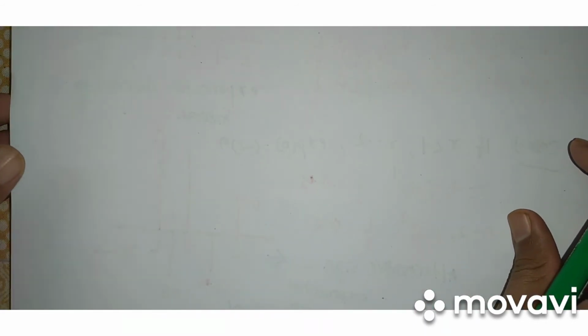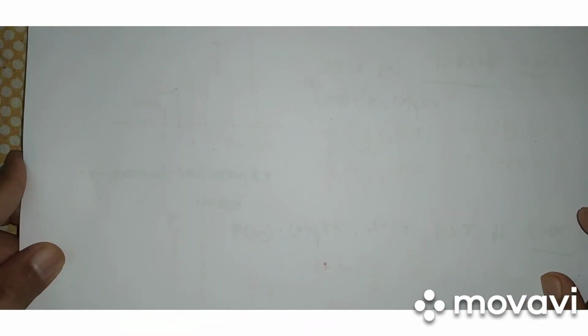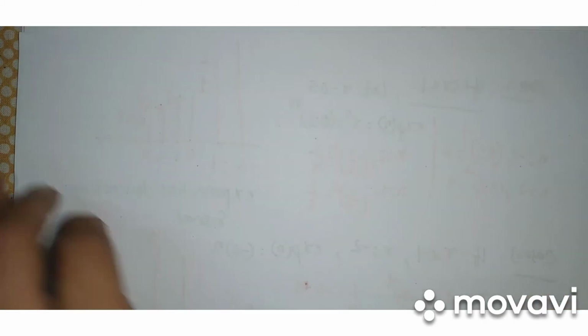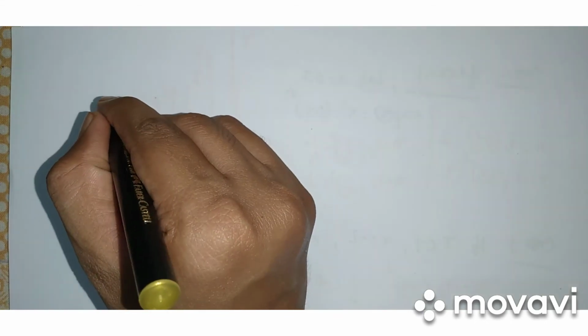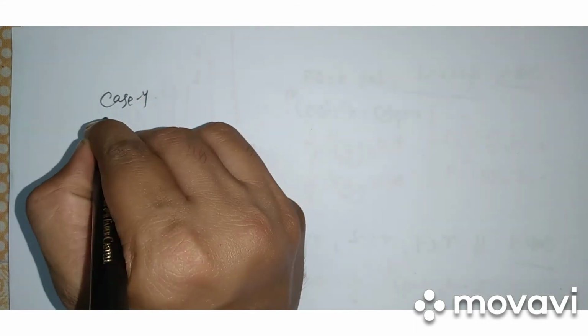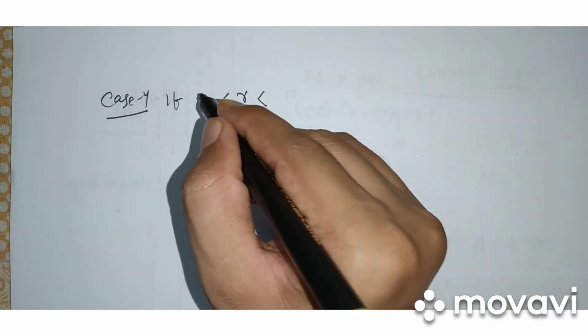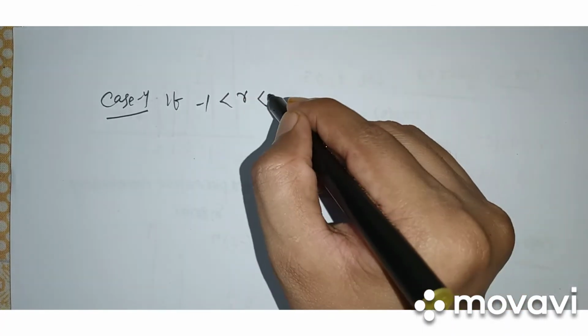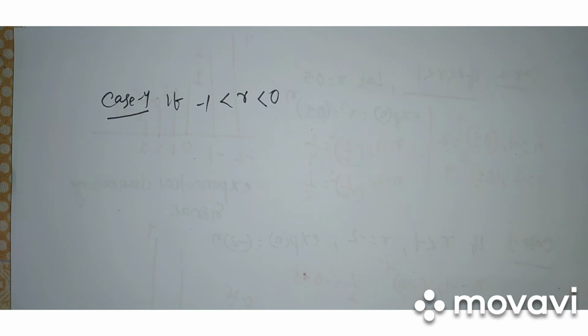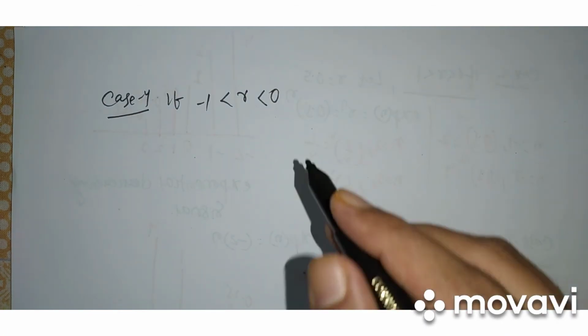Then what is the last case? We can say case 4. Case 4, if this r lies between minus 1 and 0, it's greater than minus 1, less than 0.